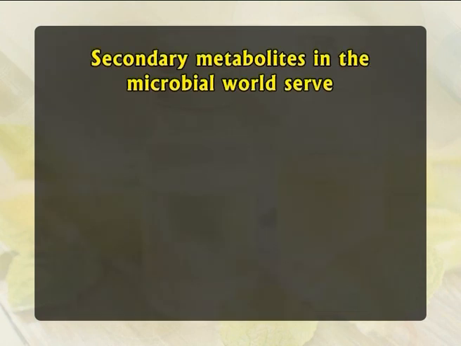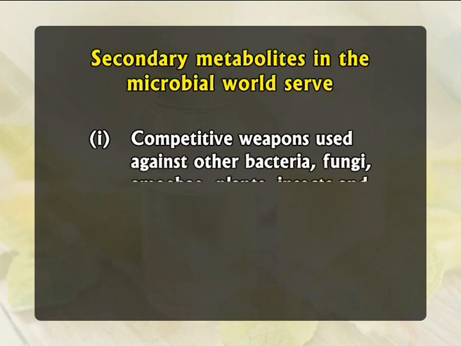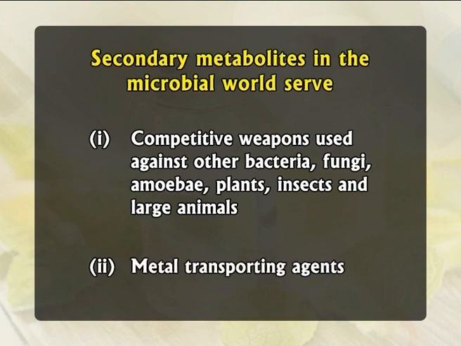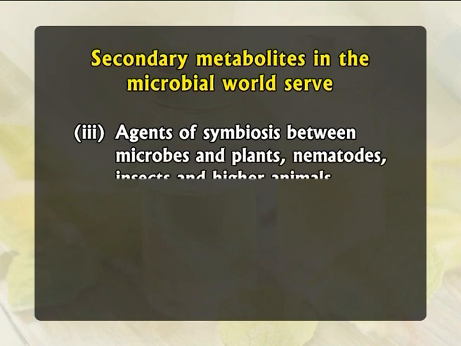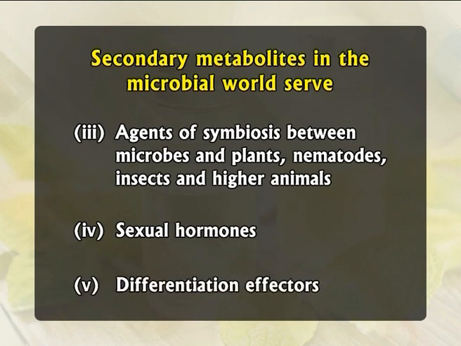bacitracin. Secondary metabolites in the microbial world serve as competitive weapons used against other bacteria, fungi, amoebae, plants, insects and large animals, as metal transporting agents, as agents of symbiosis between microbes and plants, nematodes, insects and higher animals, as sexual hormones and as differentiation effectors.